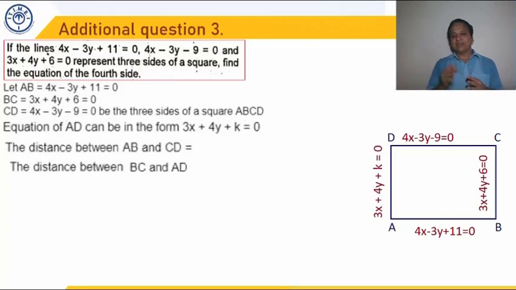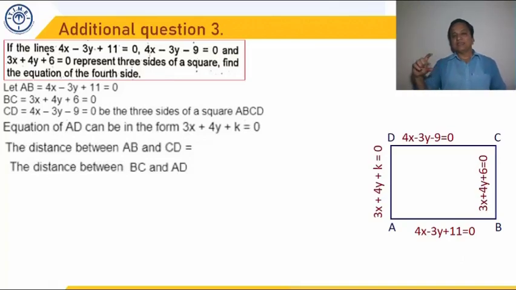Now, the distance between AB and CD is equal to the distance between BC and AD. So we apply the formula for the distance between parallel lines. We had assumed the equation of AD, parallel to BC, of the form 3x plus 4y plus a constant k equal to 0.